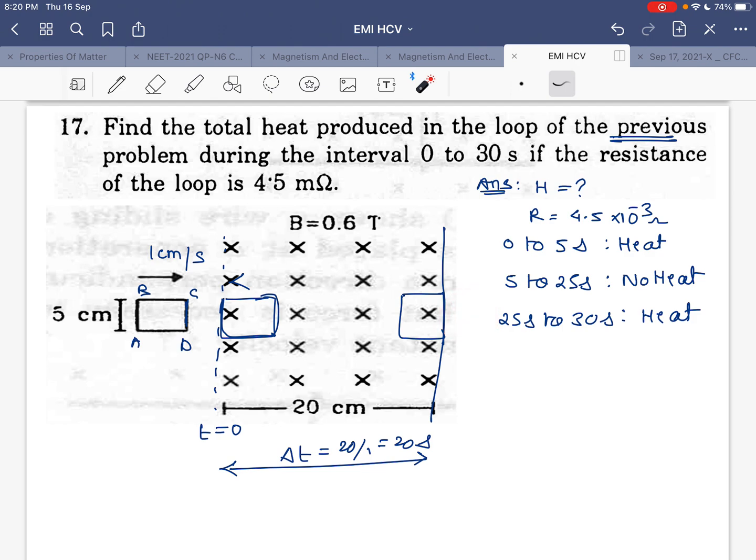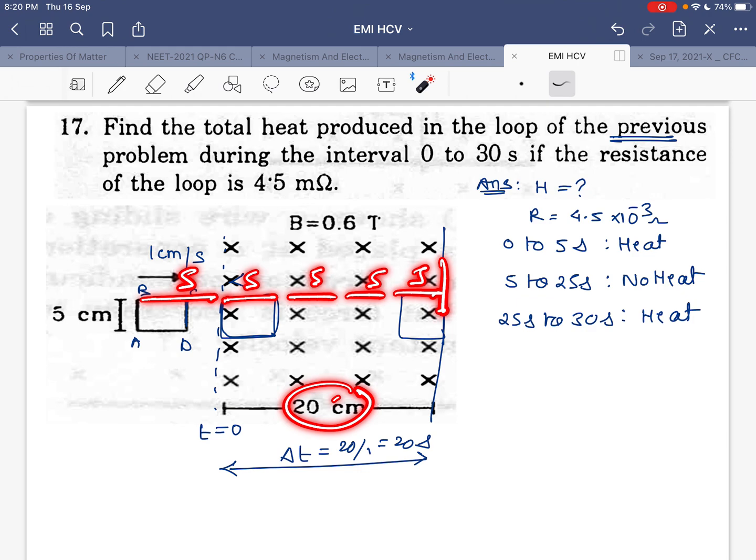So as you can see, the total distance traveled will be 5, and then 5 four times, because this is 20. So it will be 5 seconds, 5 seconds, 5 seconds, 5 seconds. So here it is 25 seconds, 1 2 3 4 5, and further 5 seconds, that is 30 seconds.